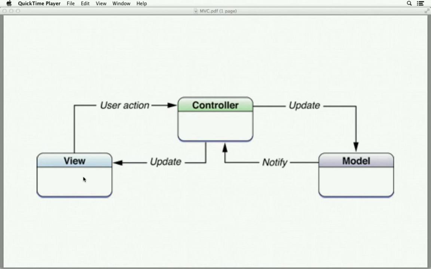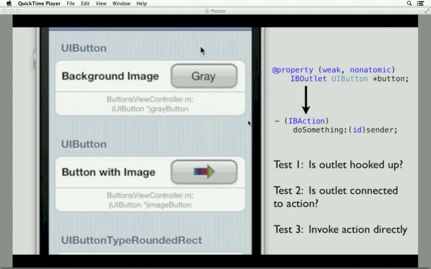So the way we TDD this, I showed you the left-hand side last time, which is that for the user action, there are a few tests we can run to verify the user action portion. Again, this is from last time. Say we have some buttons that we want to TDD their behavior. The way you do it is you have an outlet that points to an action connected in the nib. There are three tests you can write to drive this design.